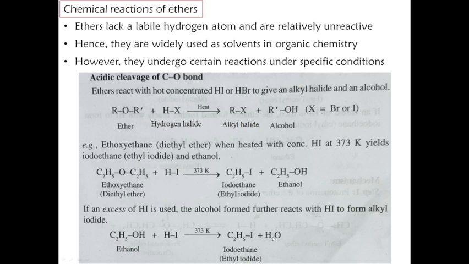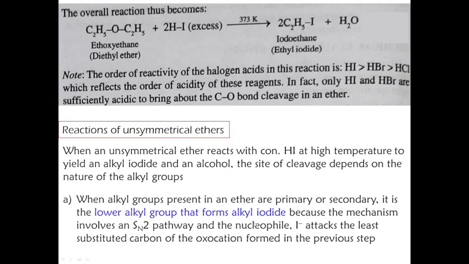You need to remove the water, and then we get an excess amount of iodoethane. So the overall reaction is ethoxyethane reacting with excess hydriodic acid at high temperature, giving excess iodoethane and water as byproduct.